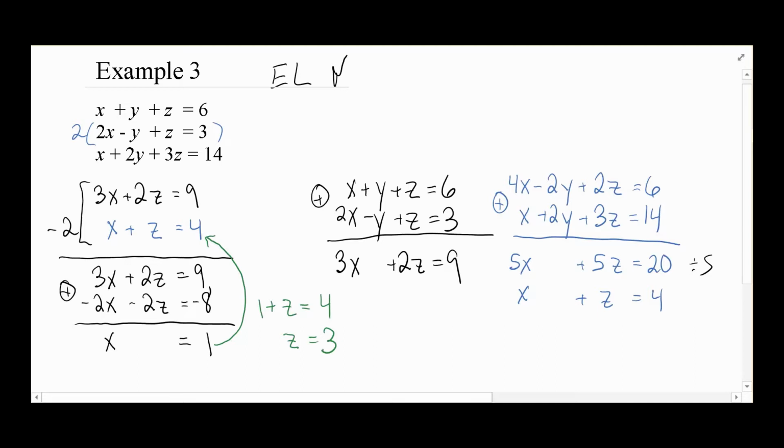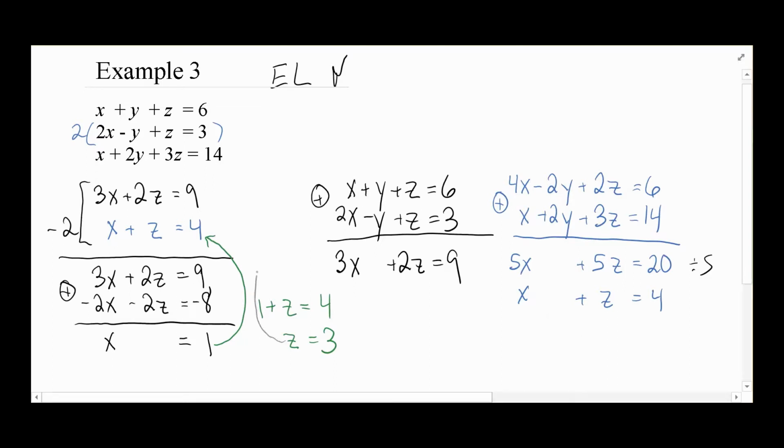Now I need to solve for y. I have the x and the z, and I need the y. So I look back to the original system, and I look for which equation looks like it would be easiest to solve for y. I notice that I have a y with a coefficient of 1 in the first equation, so I'm liking the first equation.